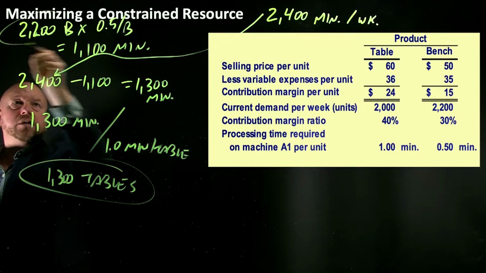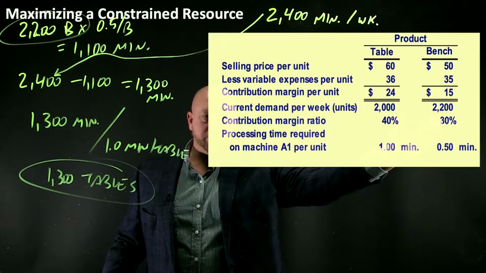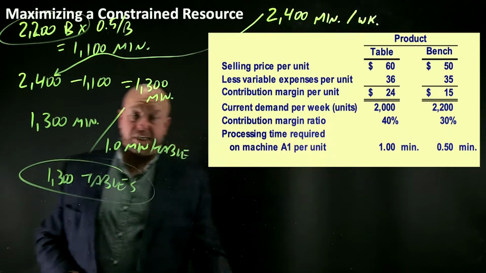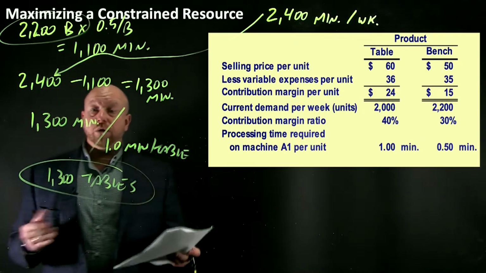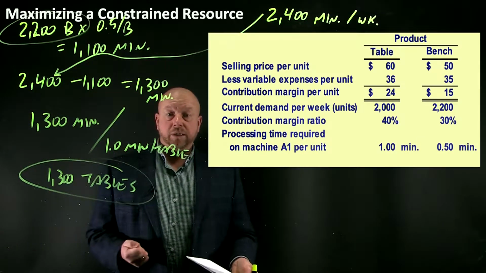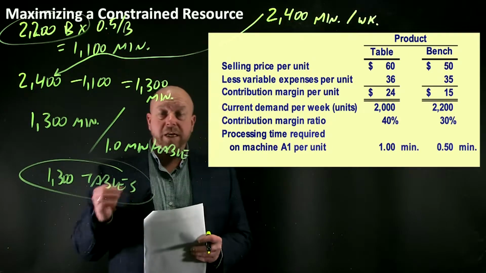We're going to make 2,200 benches. That satisfies the demand. We're going to make 1,300 tables. That does not satisfy our demand for tables. However, it's reality. We only have so much machine time available. So we focus first on the highest contribution margin per minute of machine time.